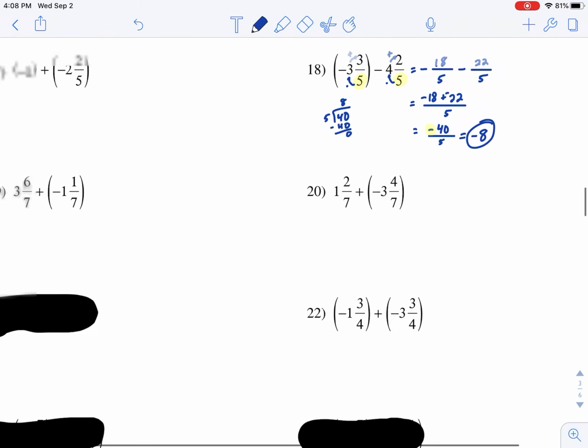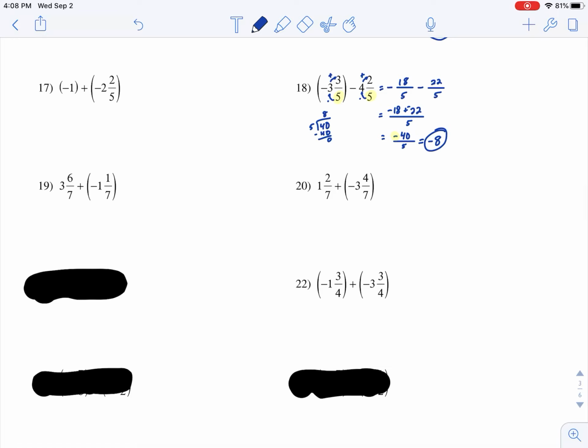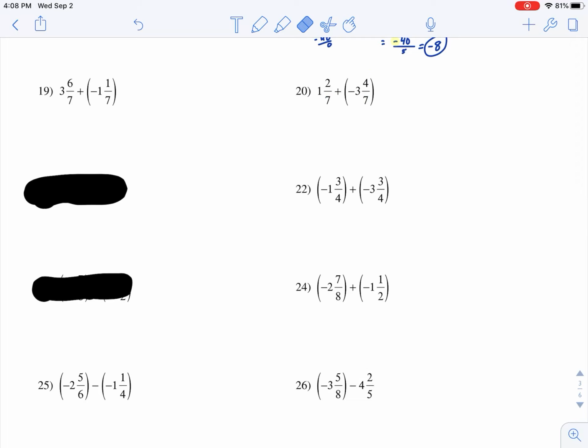Okay, I just realized something. Well, hold on. I want to take a peek at this and this. Okay, so in my examples, these are all common denominators, and those are easy. And I didn't want to just do easy ones for examples and then give you hard ones for homework.